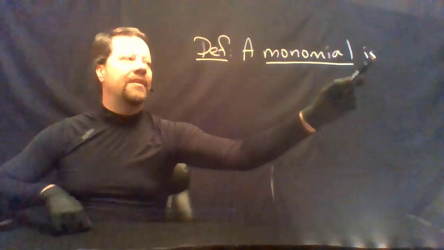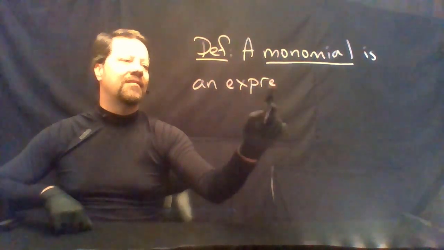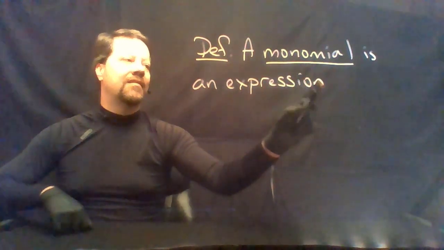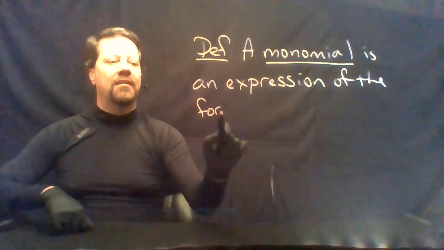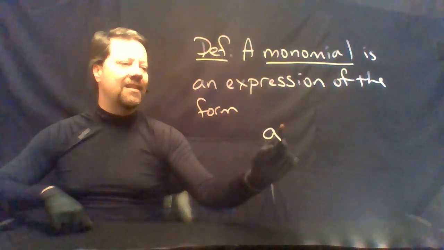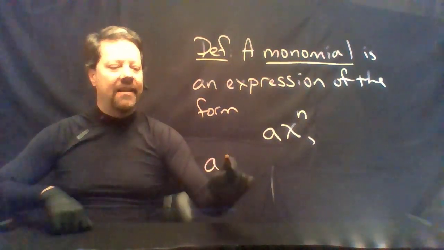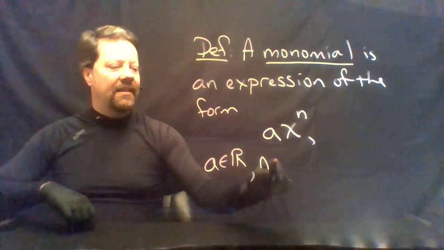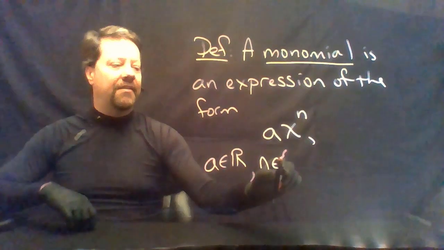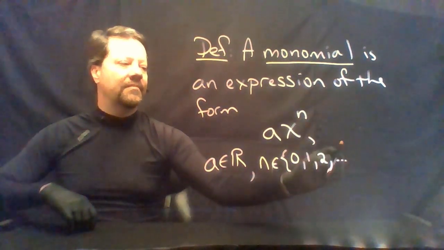A monomial is an expression of the form a constant times x to the power of n, where a is just some real number and n is an element of the set of whole numbers.